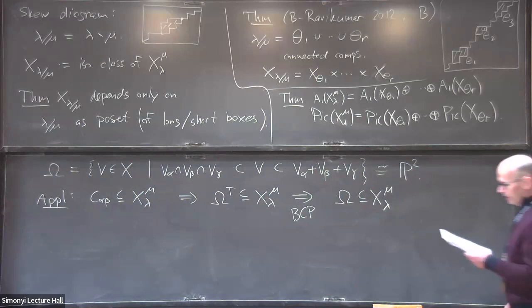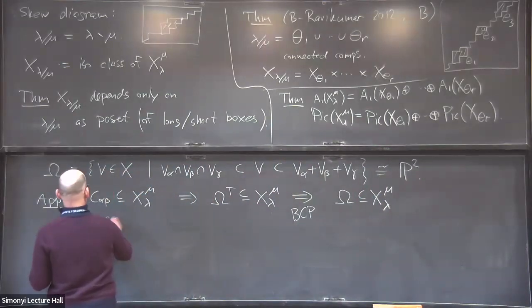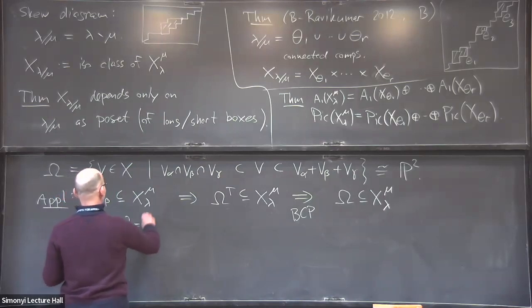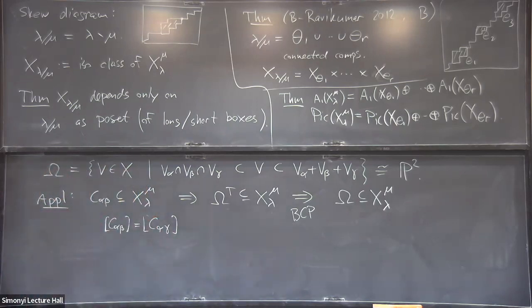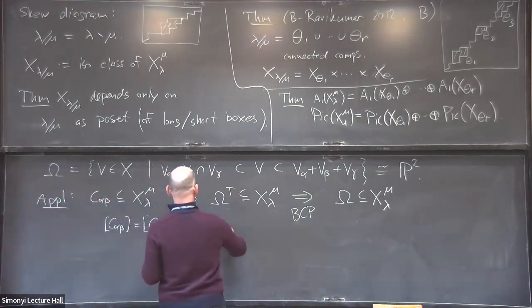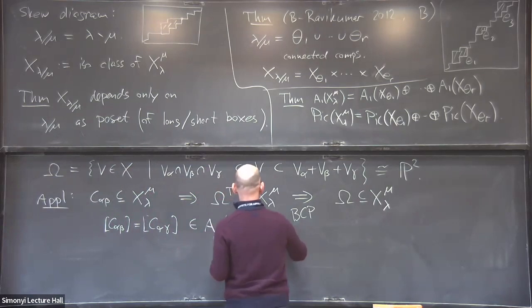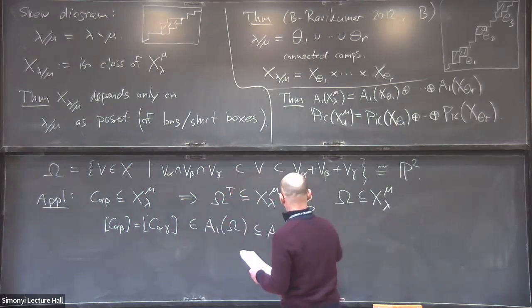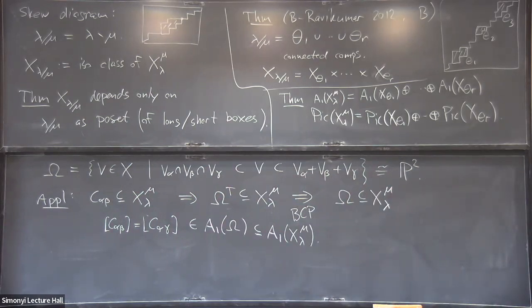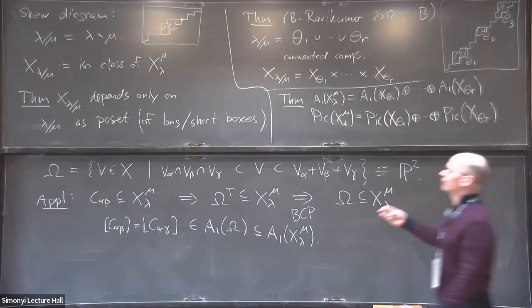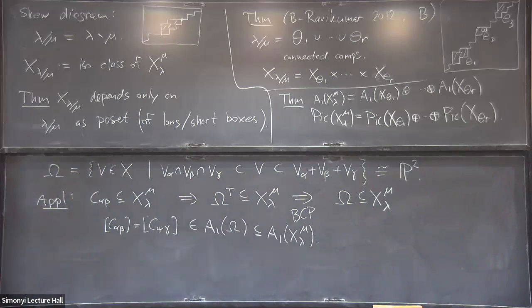And what does that mean then? Well, that means that the class of C alpha beta is the class of C alpha gamma and is the class of C gamma beta in the first Chow group of omega, which is then a subgroup of the first Chow group of the Richardson variety. And that means that if you have a T-stable curve like this one, you can get a smaller one from a smaller diagram.